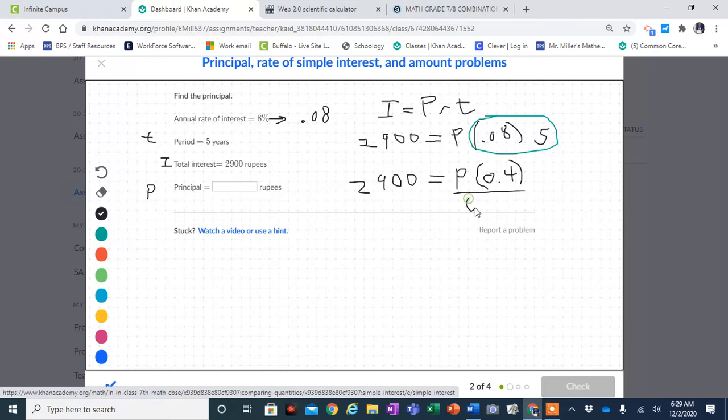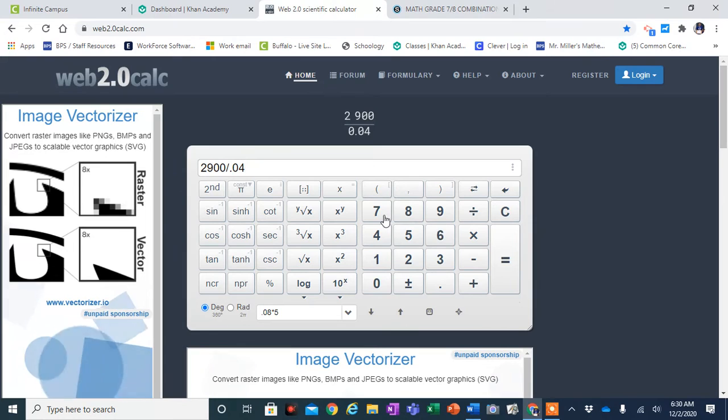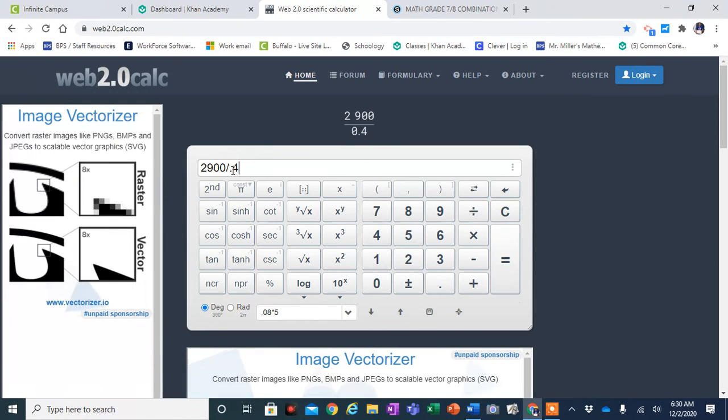Then we have to divide again by 0.4 to get P by itself. So we're going to have 2,900 divided by 0.4. Make sure you don't do what I just accidentally did. It's 0.4, which is why I double checked. So 2,900 divided by 0.4, and you get 7,250.